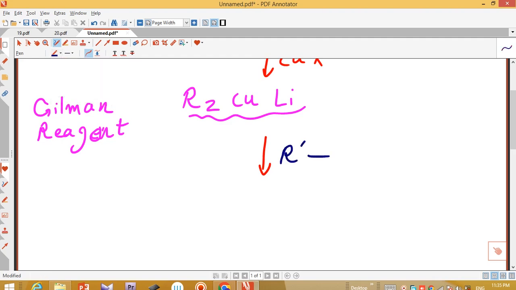Here R will attack from the back of the substrate through the SN2 mechanism, and our leaving group will leave R prime X from the front of that.